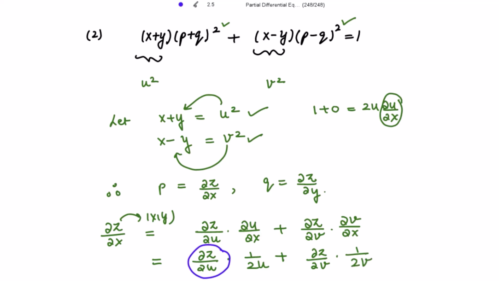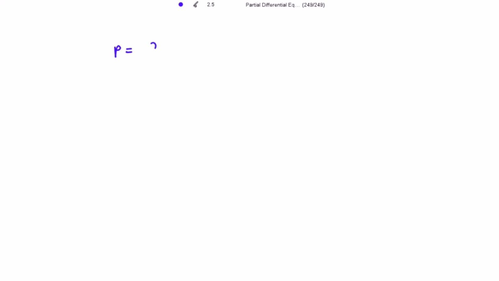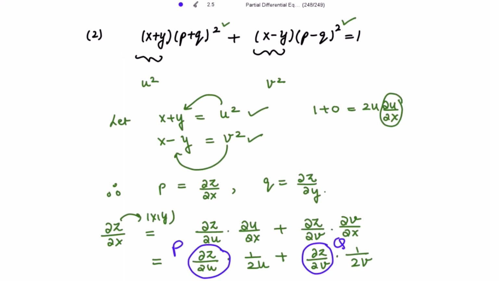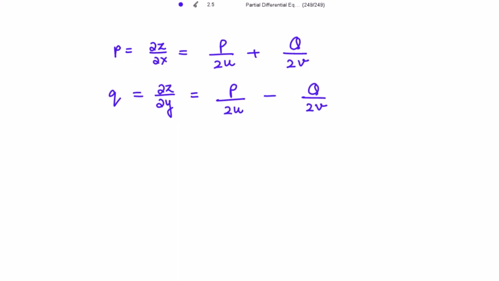So let's take this to be capital P and this to be capital Q. So p, that is del z by del x, is equal to capital P divided by 2u plus capital Q divided by 2v. Similarly, we can find q, del z by del y, that will be equal to capital P divided by 2u minus capital Q divided by 2v. In a similar way, you can try this.